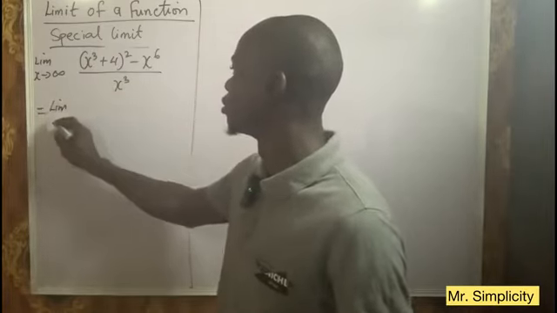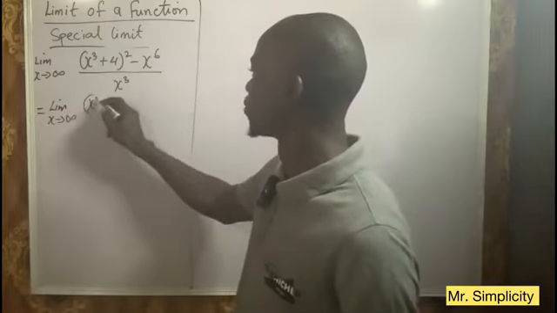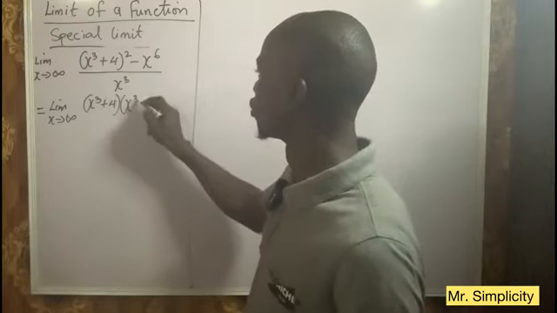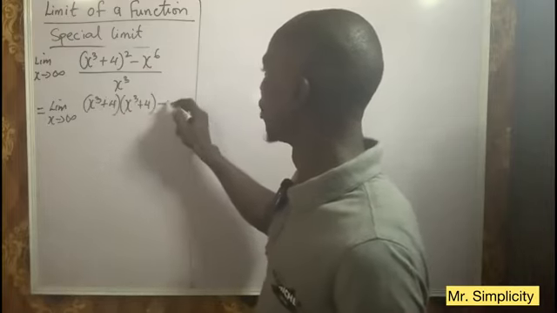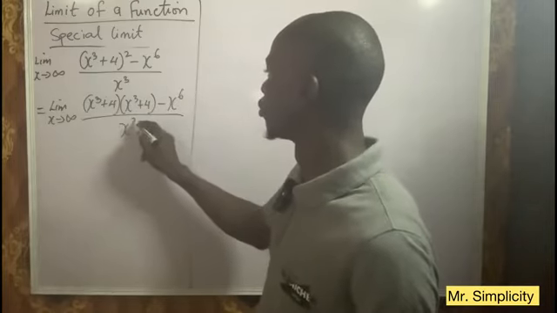Limit as x tends to infinity. To expand means x cubed times x cubed plus 4, plus 4 times x cubed plus 4, minus x raised to power 6, all over x cubed.